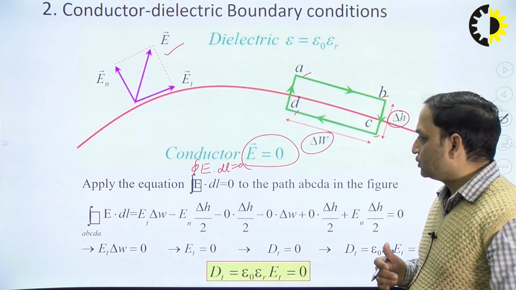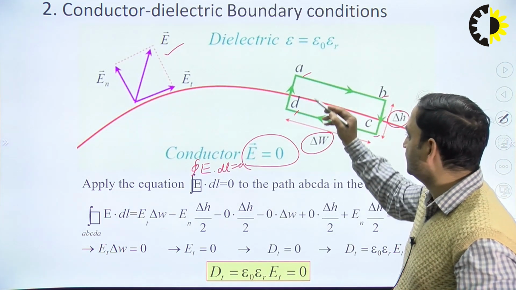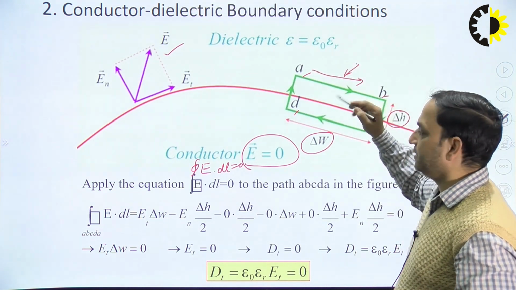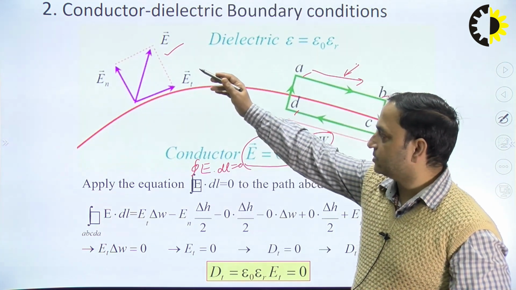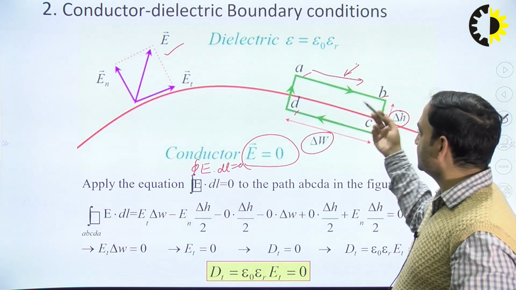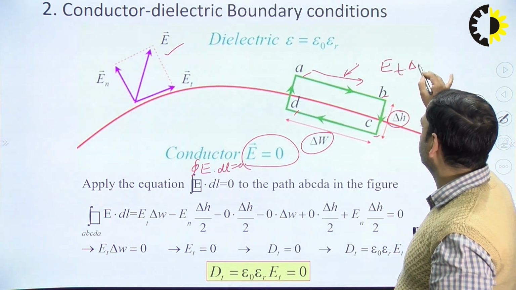So when we apply E dot dl equal to 0, if we are moving from A to B, what is E dot dl? Et is in this direction, and A to B is the same direction. So we have Et into delta W for this case.